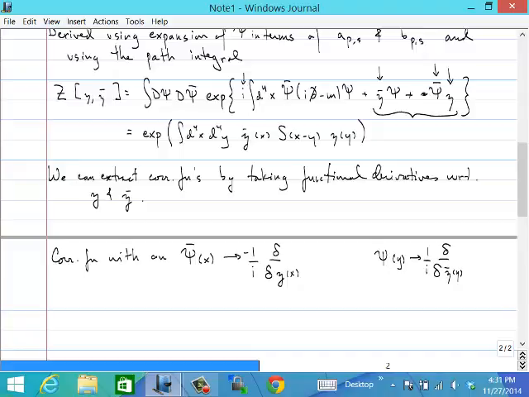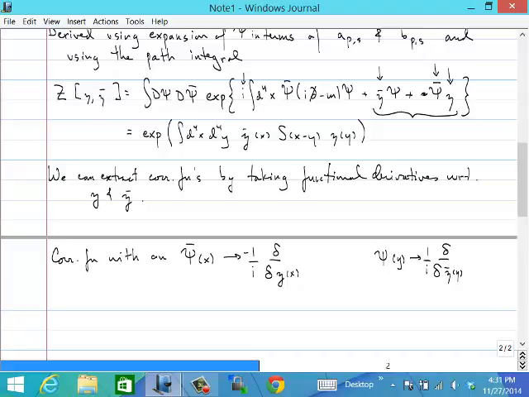Okay, so you could then just go ahead and use these rules to start evaluating explicitly what this generating function is. So let's only write down the connected part of the generating function.